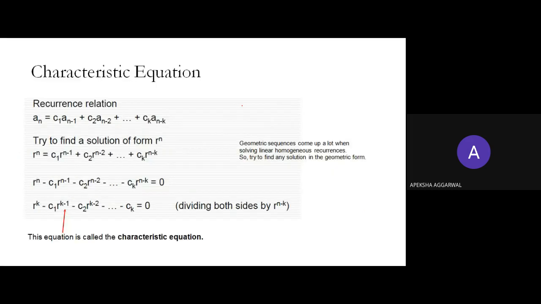Now, how to solve this? Before solving any recurrence, you must know what a characteristic equation is. The characteristic equation is the basis from where you start. If your recurrence was an equals an minus 1, you only need one constant.